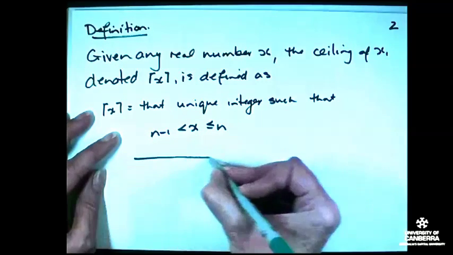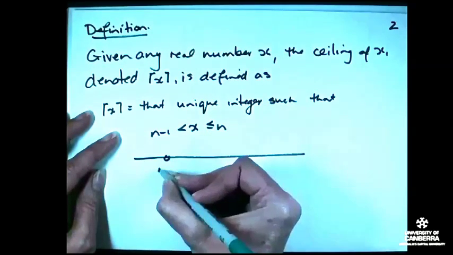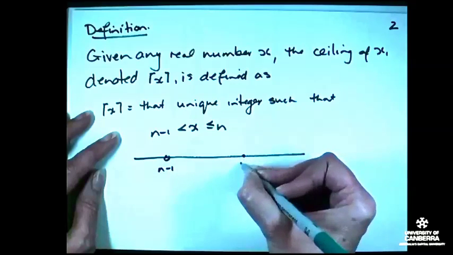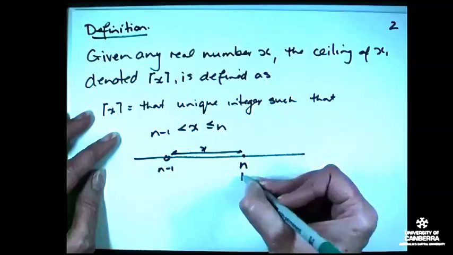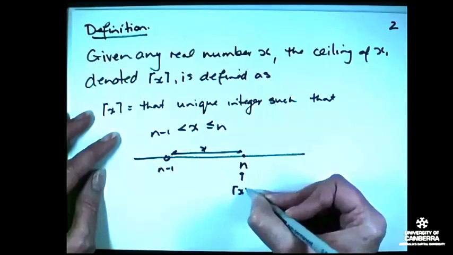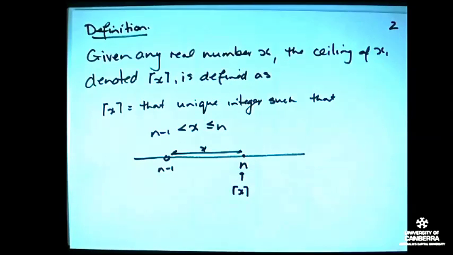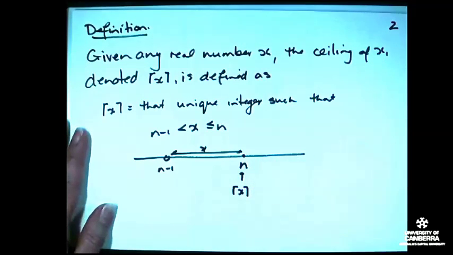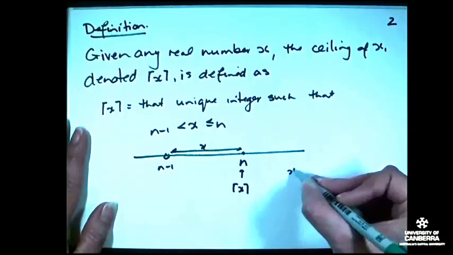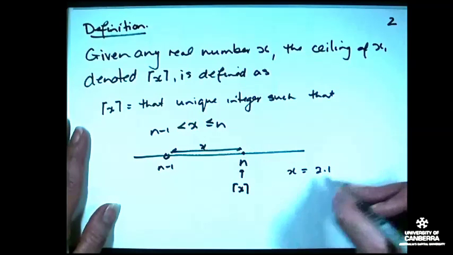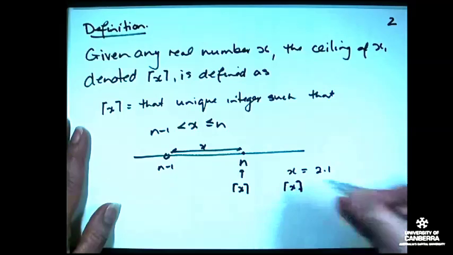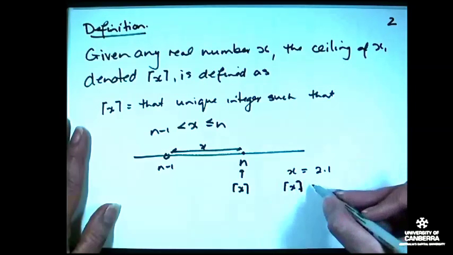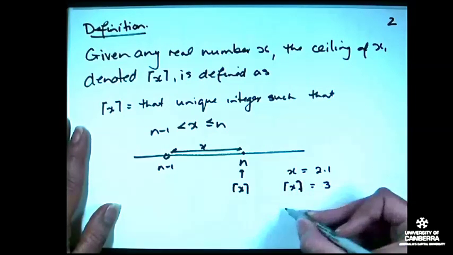So if we have a little picture, here is n minus 1, here is n. If x is anywhere in here, then n is the ceiling of x. So if we had x is equal to 2.1, the ceiling of x, oops, be careful not to put brackets on both sides, is equal to 3.